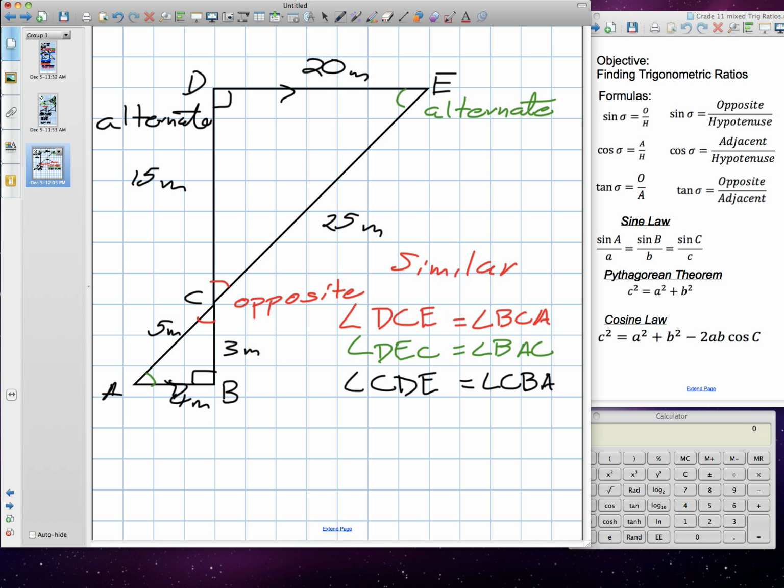Okay. So we've proven those are the same. That's nice. What I want to do now is talk about the ratios between the triangles. If they're similar triangles, essentially their angles are all the same, but they have a different ratio to each other. We know that one side is longer than the other on the two opposite triangles here. So I'm going to name a side here, and I'm going to call this side CE.